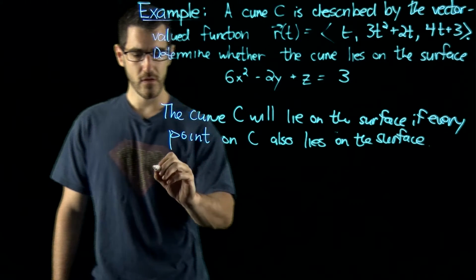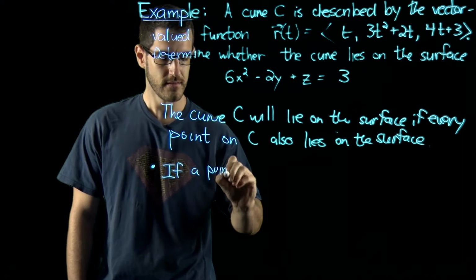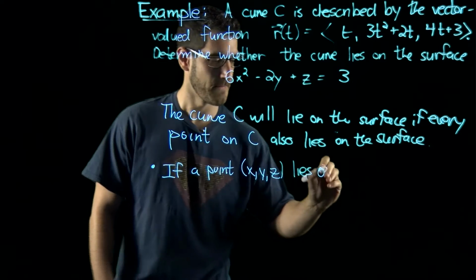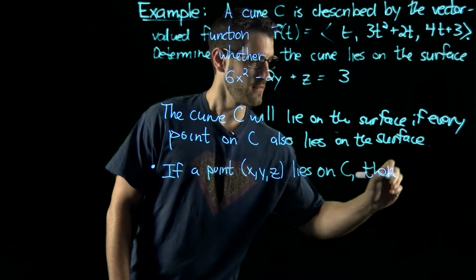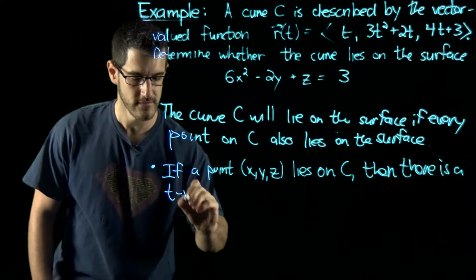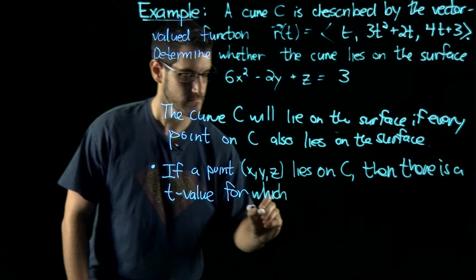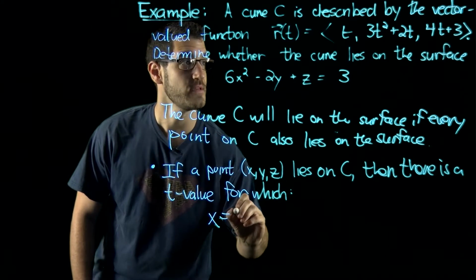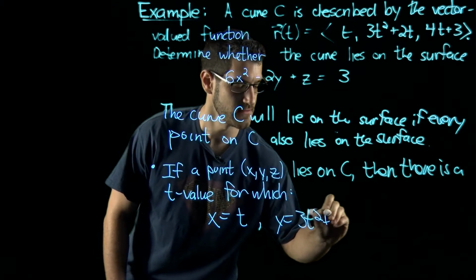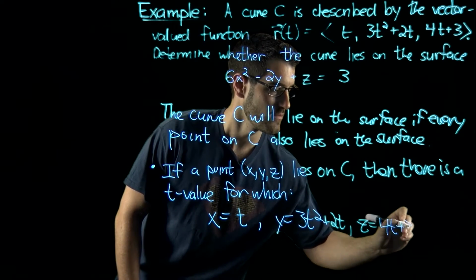So let's first note that if a point xyz lies on C, then there is a t-value for which x has to be equal to t, y has to be equal to 3t squared plus 2t, and z has to be equal to 4t plus 3.